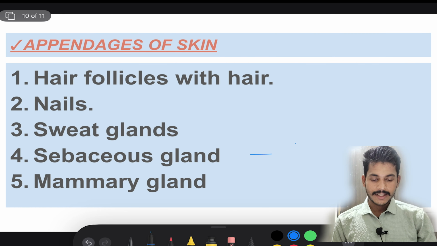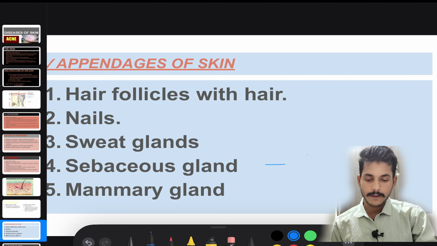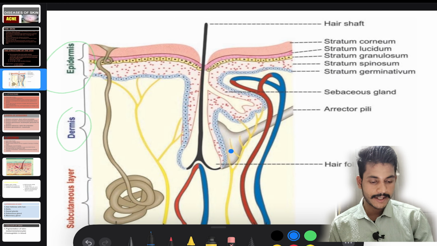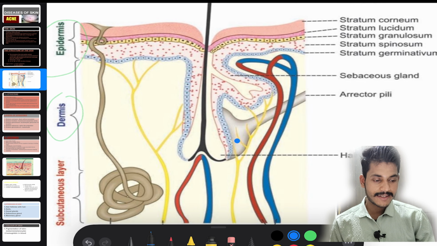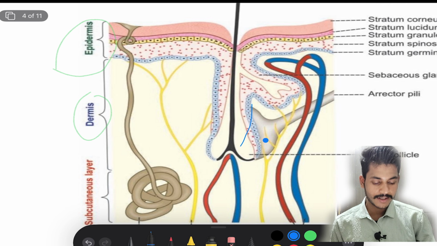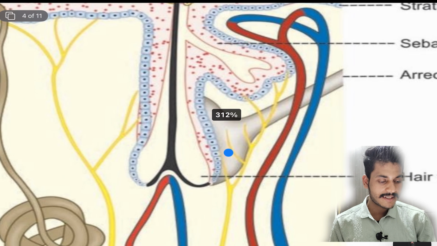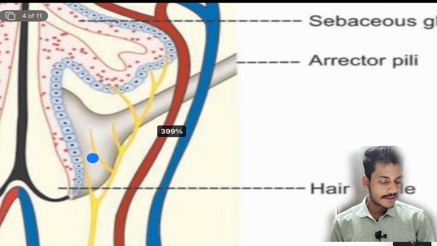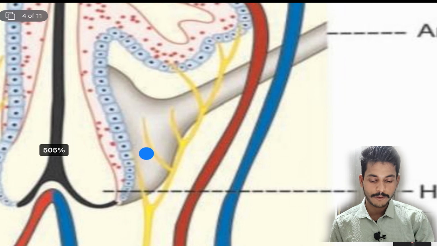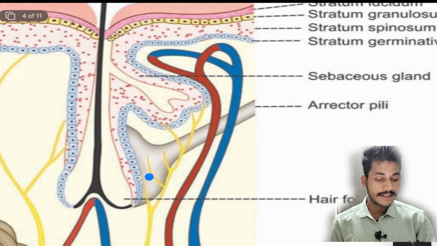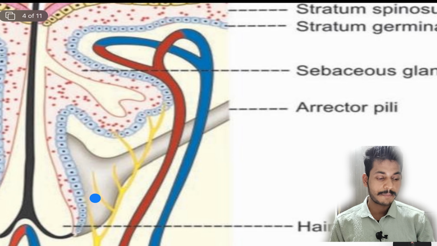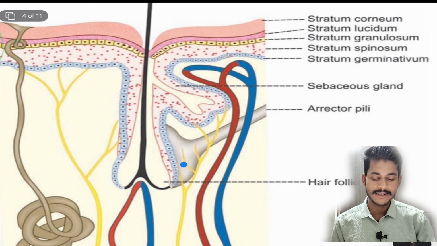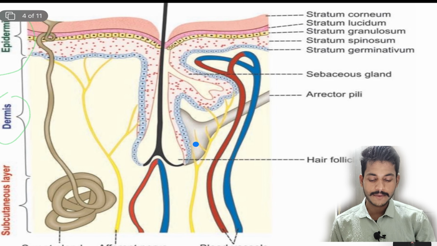Now, you've seen in the skin diagram, just see once again. Skin consists of the hair shaft, isn't it? Apart from the hair shaft, skin has hair follicles, and it consists of the erector pili muscles, sebaceous gland, and also the sweat gland.